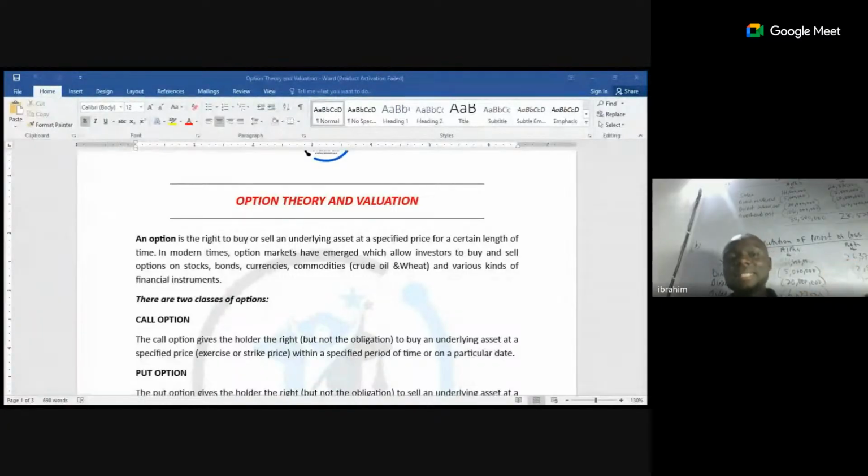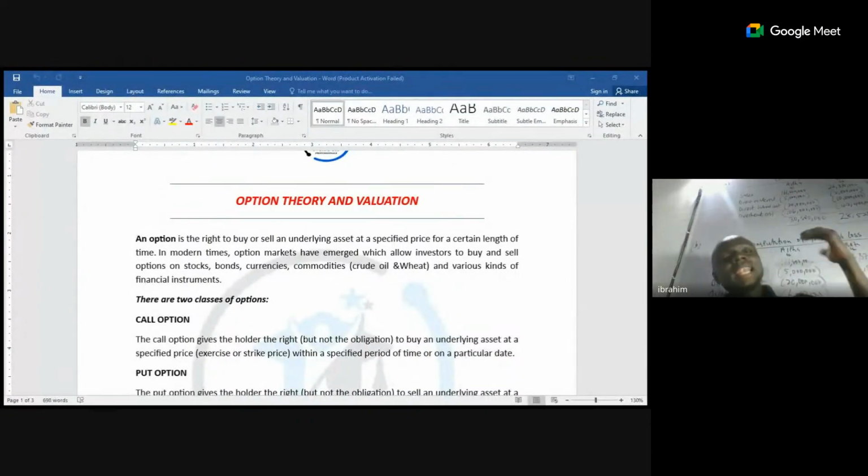Class, let me take it again. An option is the right to buy an underlying asset at a specific price and a specific period of time. And the question, before I move further to option markets, is what are underlying assets?